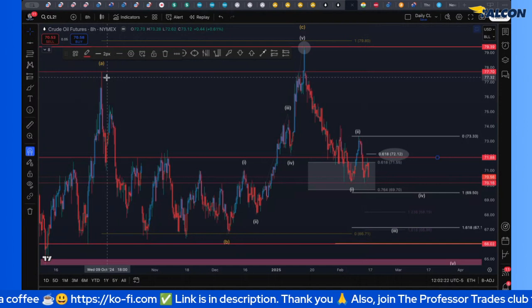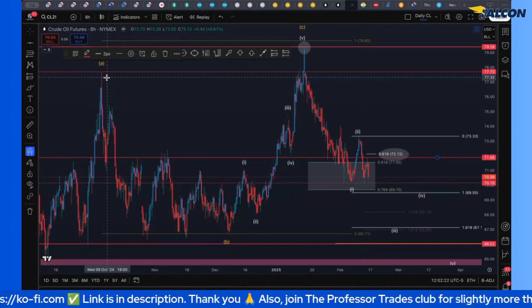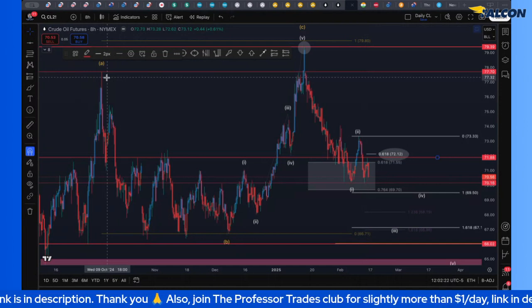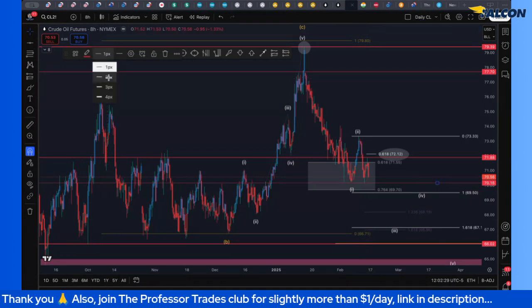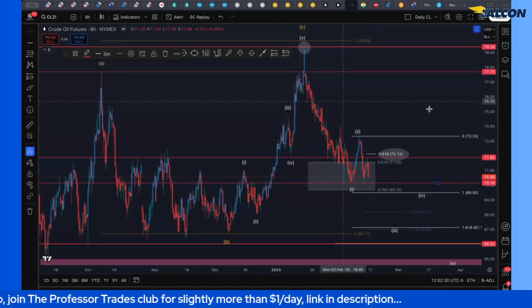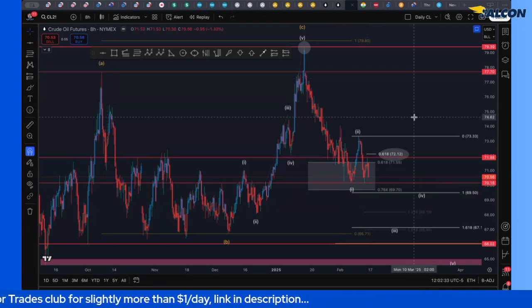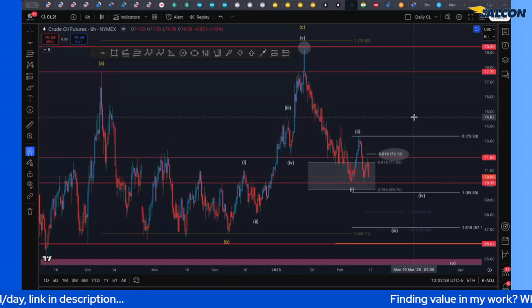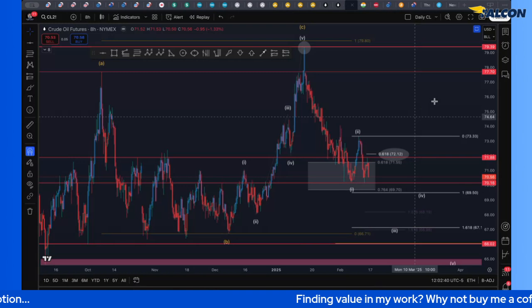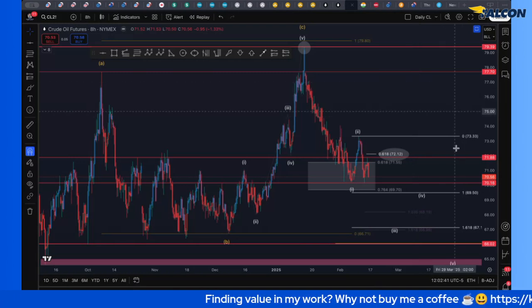So for just the first part of the week, here's your floor, 70.16. Current price is 70.56 as of Friday's close. So the floor is 70.16 and the ceiling is 71.88.